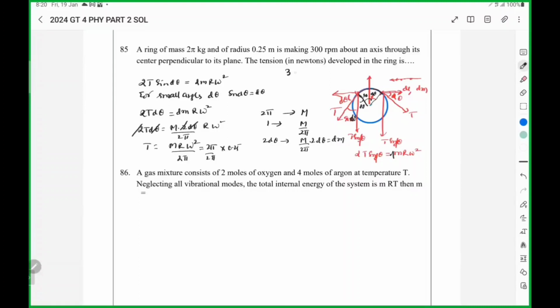One revolution is a complete rotation, 2π radians, that is 10π radians per second. Omega square is 100π². So 0.25 into 100, 25. π² roughly 10, which is 250 newtons.